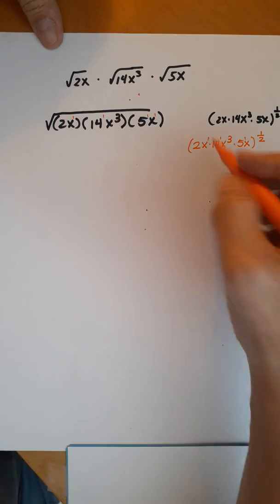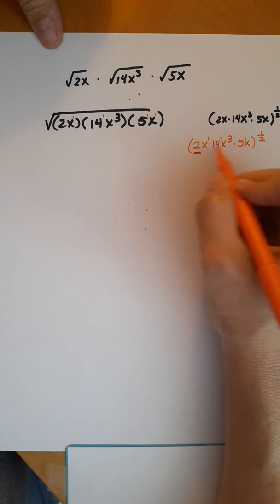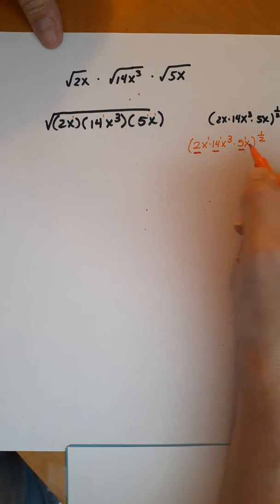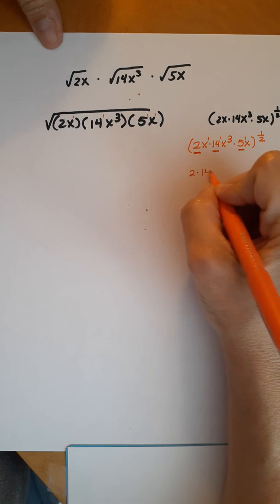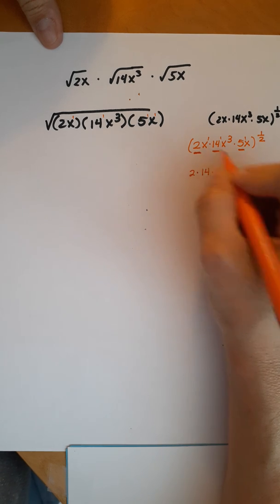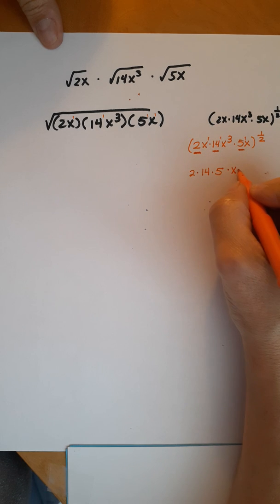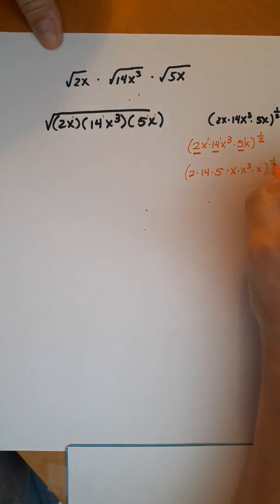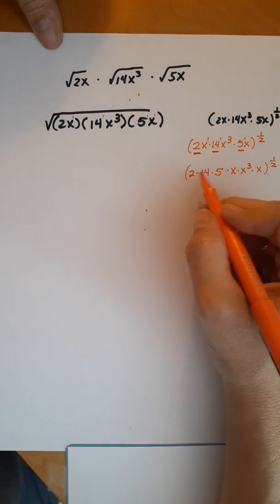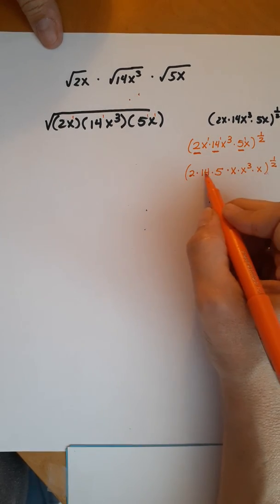So let's see. I have 2, 14, and 5. Let me put those together: 2, 14, and 5 times x cubed and x, all to the 1/2 power.